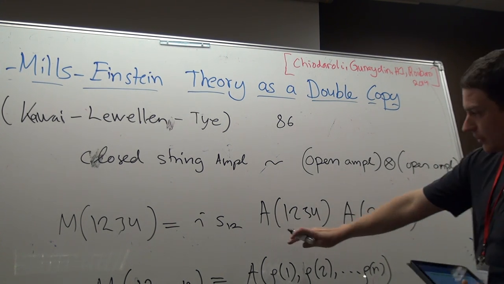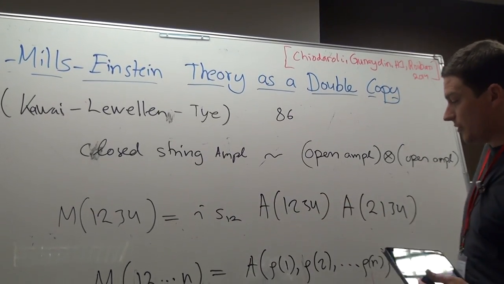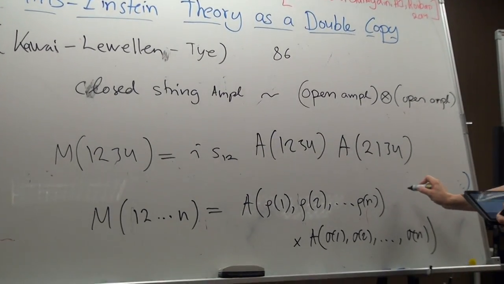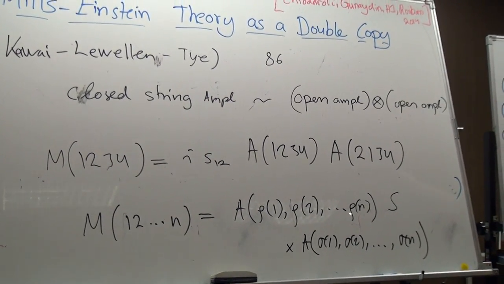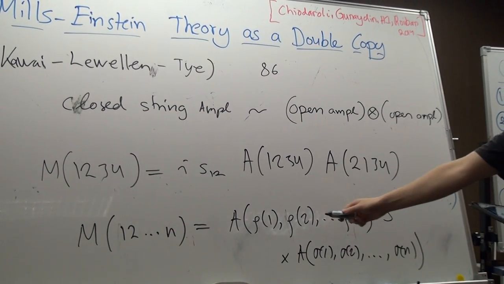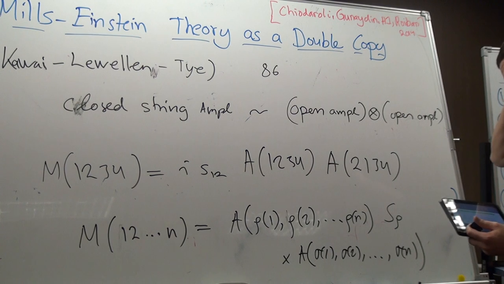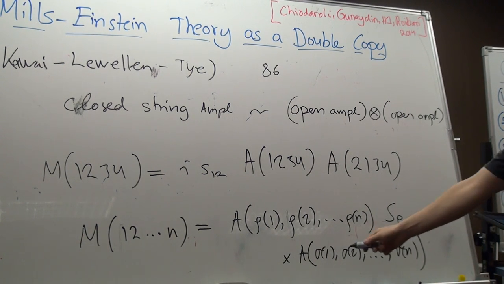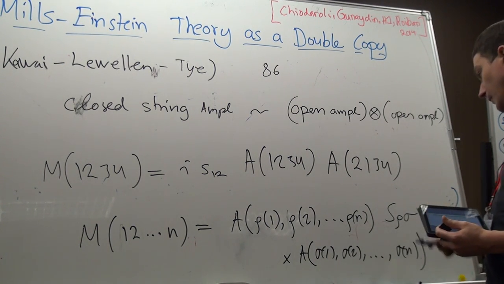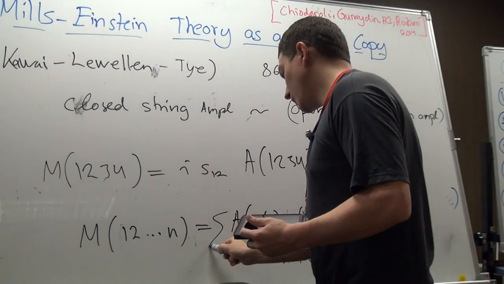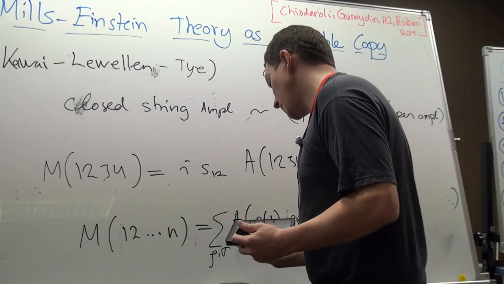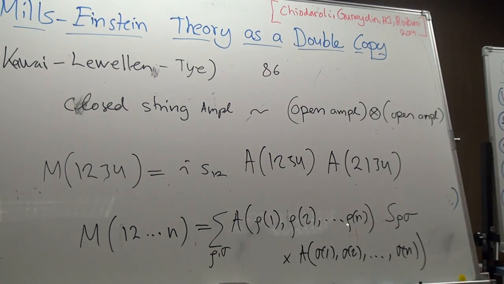And then we need some factor that takes into account these dimensionful parameters. So we're just going to call it S. And this is going to depend in particular on the ordering here, so the permutation rho, and it's going to depend on the permutation sigma. And then all you do is you sum over rho and sigma. So roughly that's how the formula looks like in KLT.